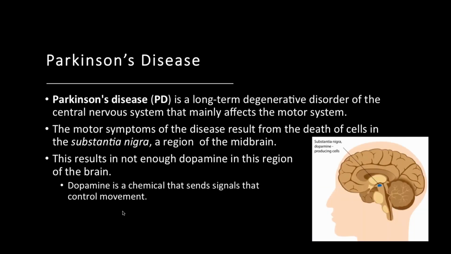As I said, I was just going through what the disease is, and as you can see on the slide, I mentioned the midbrain area where it gets affected by the disease, and how it causes the lack of enough dopamine, which is the chemical that sends signals to control movement.